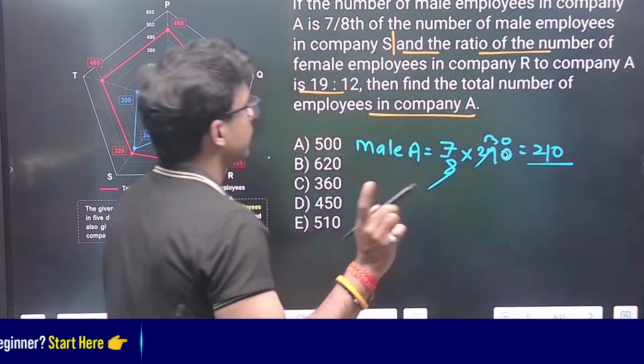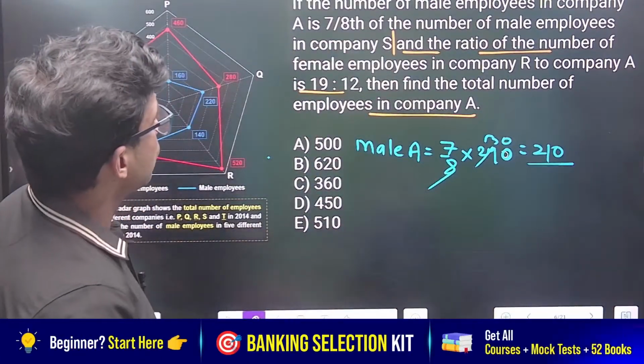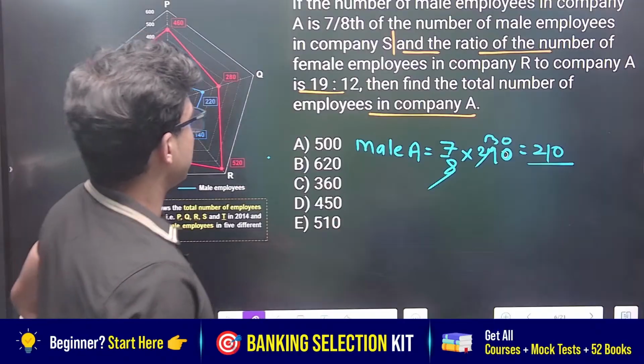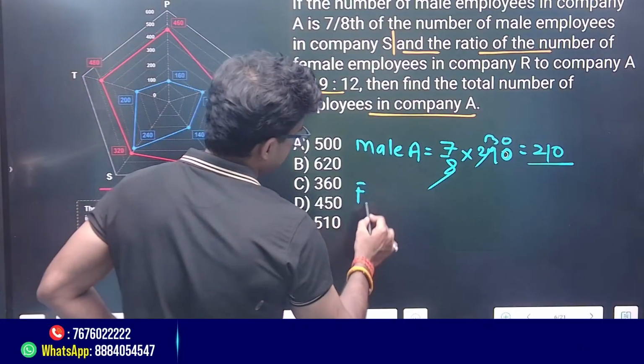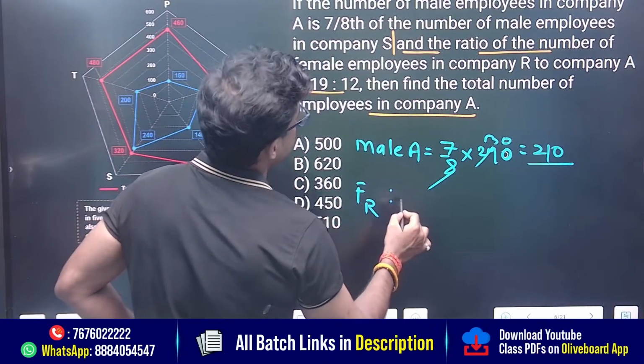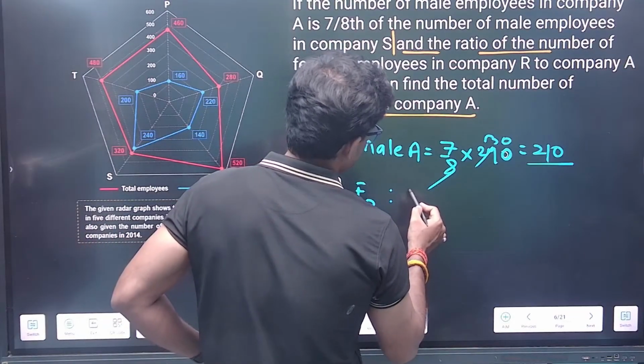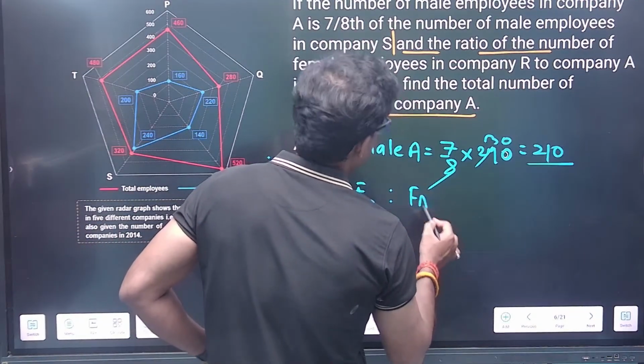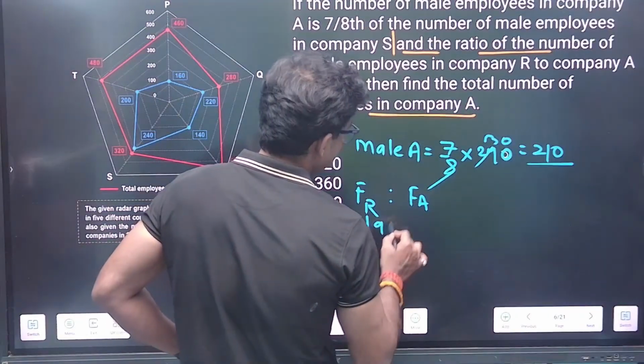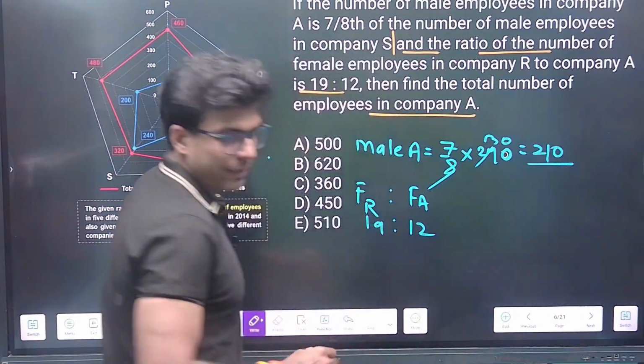First thing. Fine. Now the ratio of the number of female employees in company R to female employees in company A is 19:12. Makes sense?